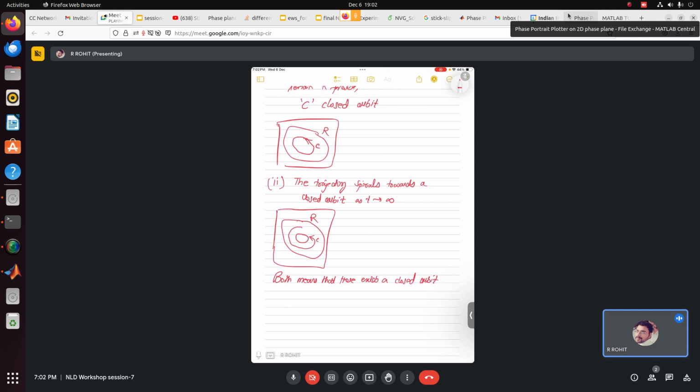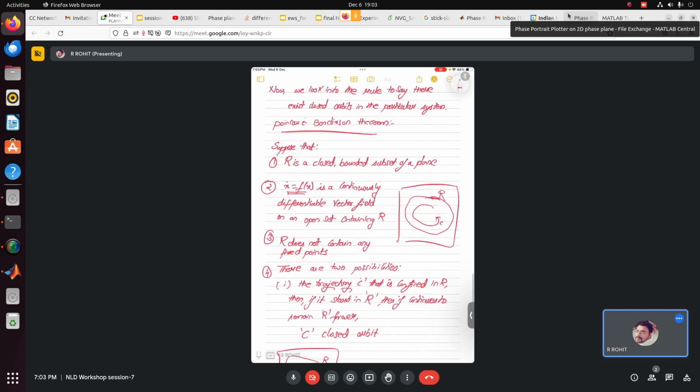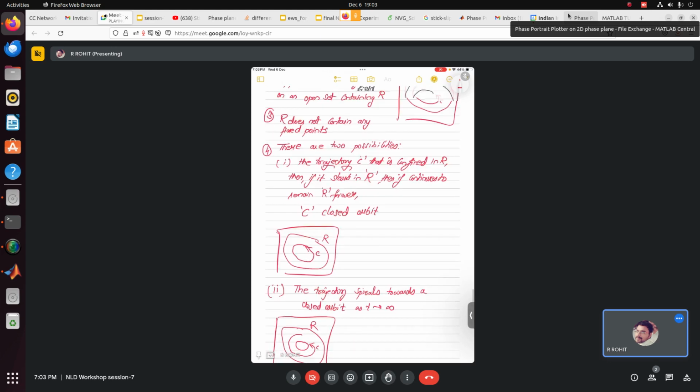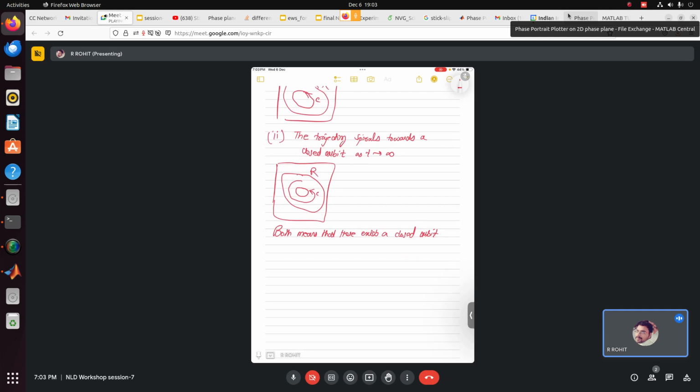So these are the key assumptions which we take to check. If you are able to satisfy all these four conditions, then we say that your system obeys the Poincare-Bendixson theorem and you can say that the system possesses a closed orbit.